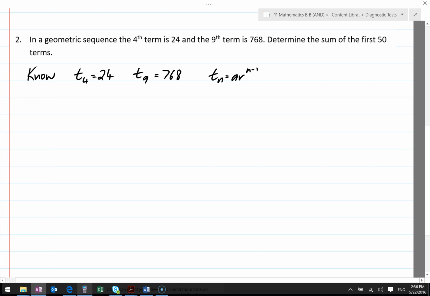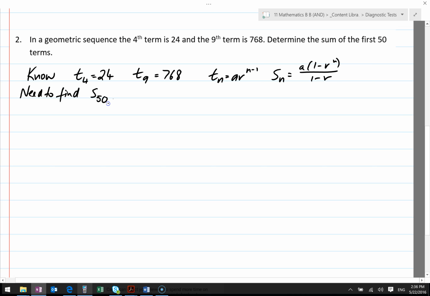And I'm trying to find the sum of some terms. I know some formula about the sum of terms. What do I need to find? I need to find what the sum of the first 50 terms is. Let's see how I can play with this information to find S50.